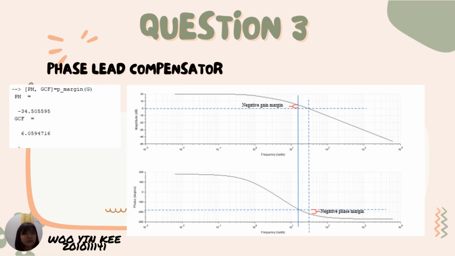After that, we use Scilab to plot the amplitude response and phase response. The phase margin for this system after the 10% improvement is negative 33.5, and the gain cross frequency is 6.06.